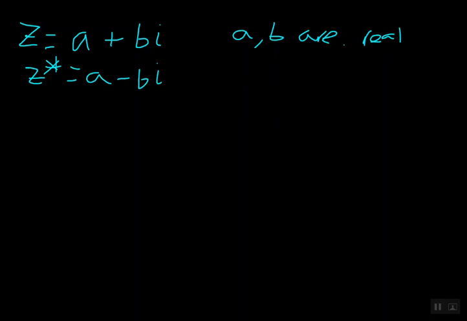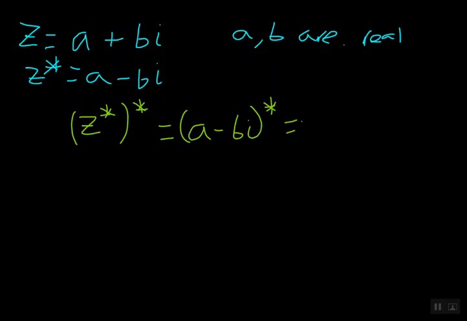All right, so next identity. Z star star. Well, this is a minus bi, right? That's z star star, which is equal to, now, b is just like negative b.